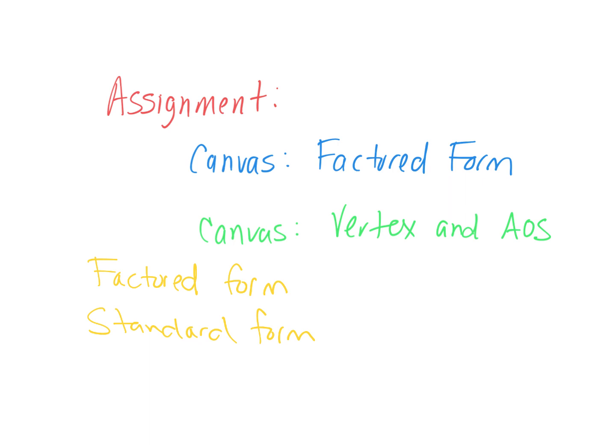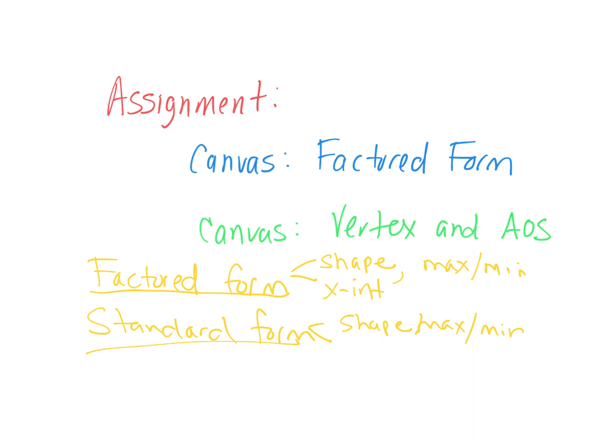So make sure that you are able to tell me that both factored form and standard form will give me the shape. They will both also give me, with the shape, is it a max or a min? But our big difference is that with our factored form, we are most easily able to identify the x-intercepts.